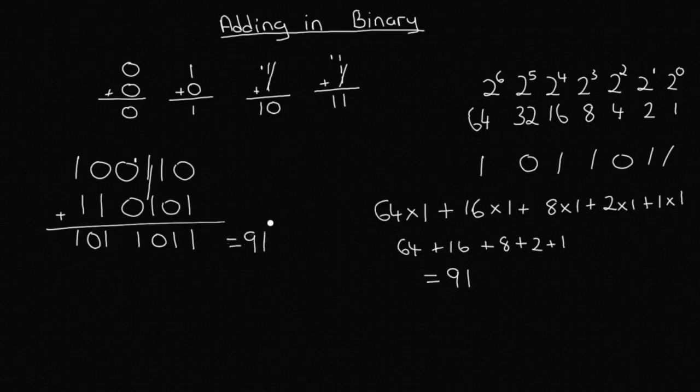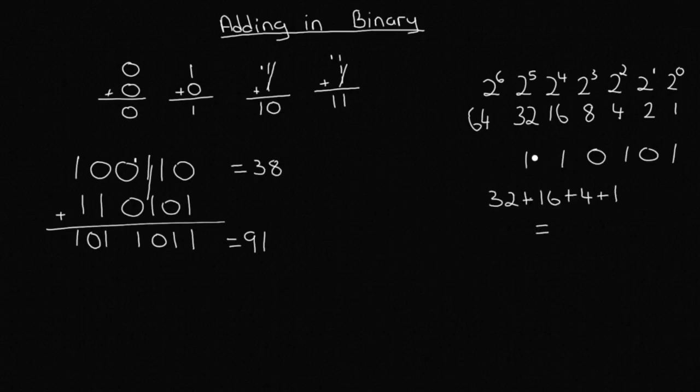So the next thing we need to do is get these other 2 binary numbers and convert them into decimal, and then we can add these 2 numbers together when we've got the decimal format, and we can check to make sure that it's 91. So now we've got our binary number here, and we can see that it's equal to 32 plus 16 plus 4 plus 1. If we add all these up together, we can see that it's equivalent to 53.